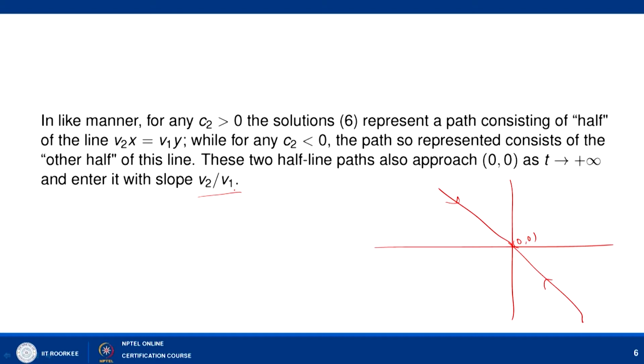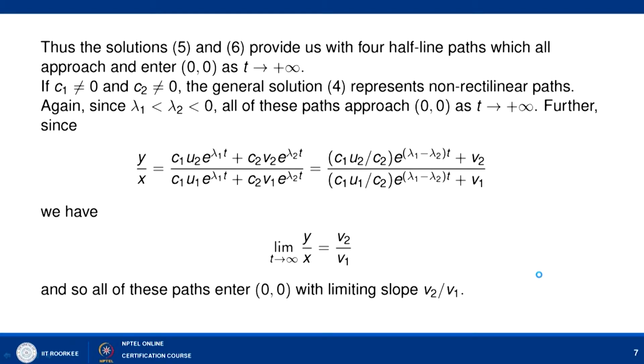If C2 is positive, it will come through this line, and if C2 is negative, it will come through this line. So the solution will enter 0 comma 0 along a particular line with the given slope.